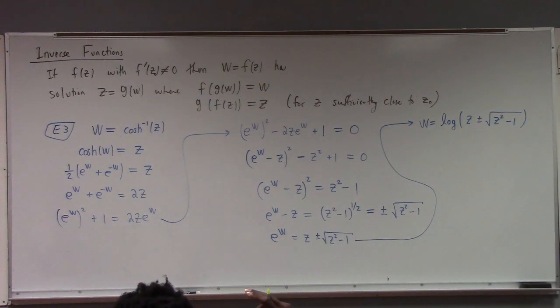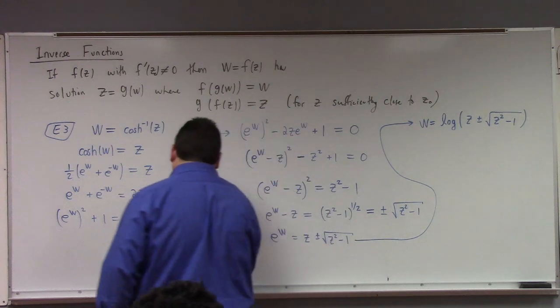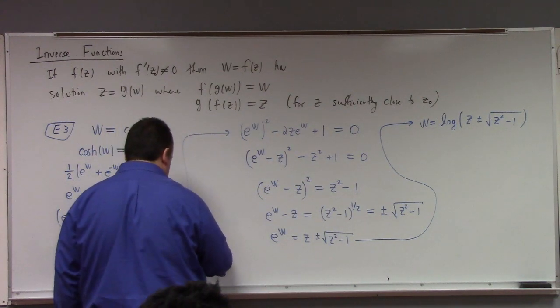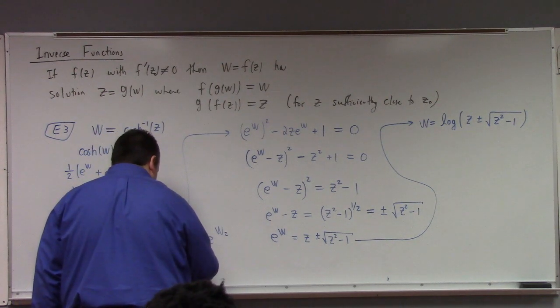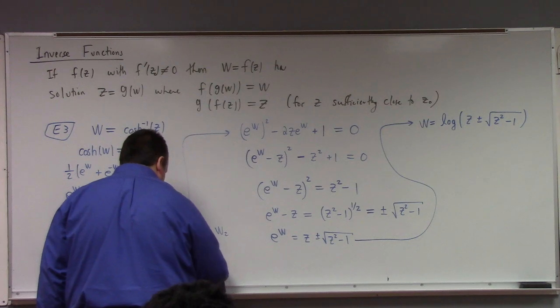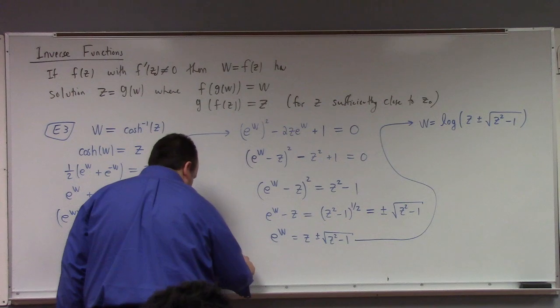Can you remind me again why that's a little log and not a natural log? Because the exponential is not single valued, it allows this 2 pi periodicity times i. So if I have e to the w1 equals e to the w2, all I can tell is that w1 is equal to w2 plus 2 pi i times k.